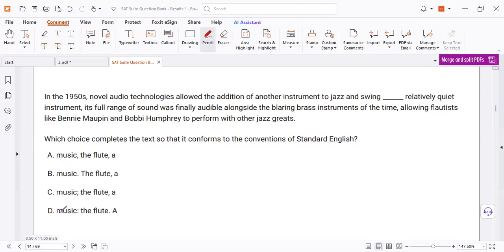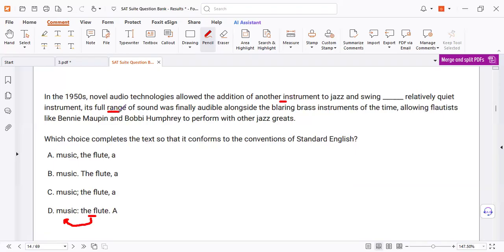Why didn't you check letter D? Is this information to mention something before? Yes. Yes, he did it. Yes or no? Yes, it is. He allowed the addition of another instrument. What's that? Flute. And then the writer is going to start a new sentence again.